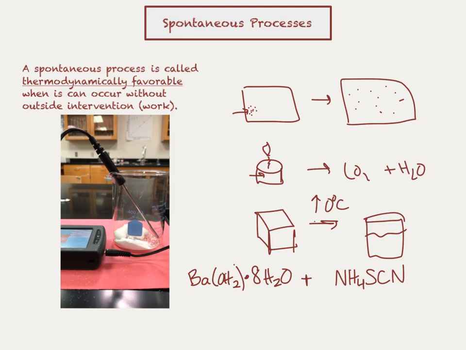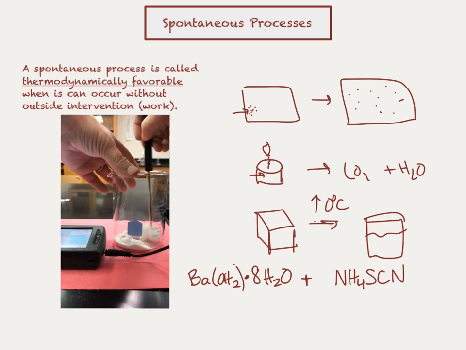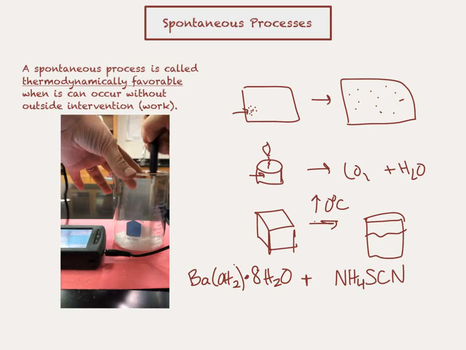Now, at first, you might think that this is going to be pretty boring because we just mixed together two white powders. But you'll see as I start to mix it that something weird starts to happen. So take a look. You can see that the two compounds now look like they're wet.